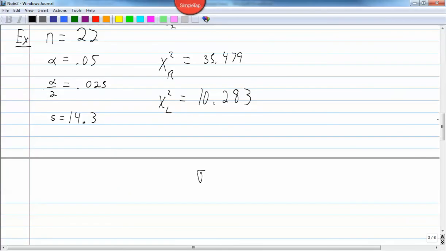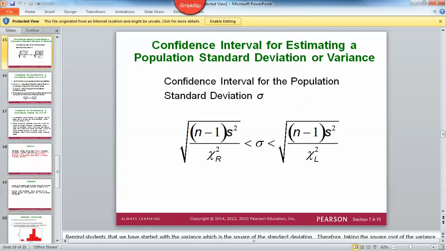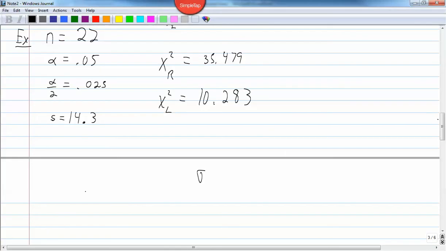So now we want to use our formulas, and n is 22, so that's going to be the square root of, if n is 22, that's going to be what? 21 times s squared, so times 14.3 squared, divided by, now since this is the left endpoint, I know that I use the right critical value, 35.479. So I'm going to punch that in the calculator to get that value.